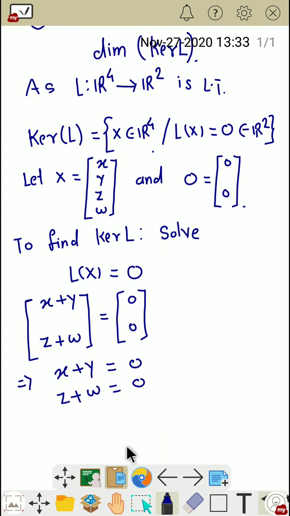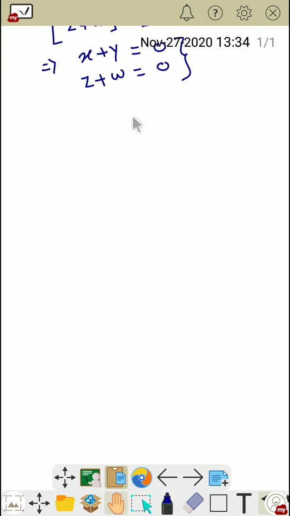Now how to solve this system of linear equations, that is very important. From the first equation I can write x is equal to minus y, and from the second equation I can write z is equal to minus w.